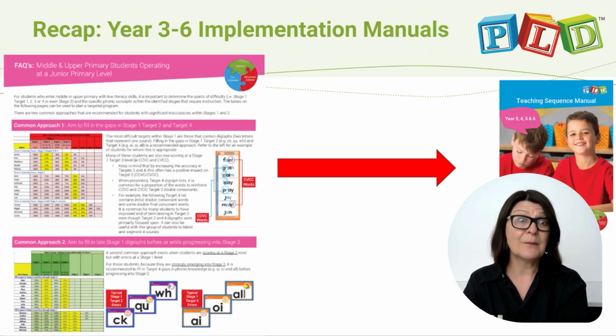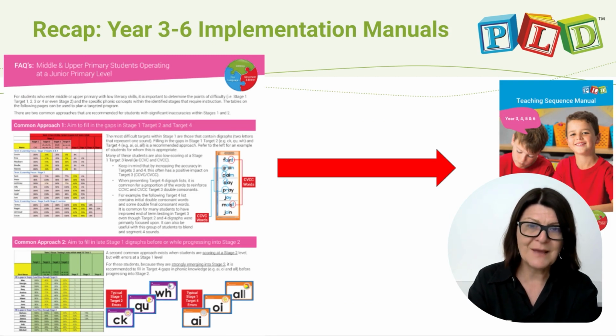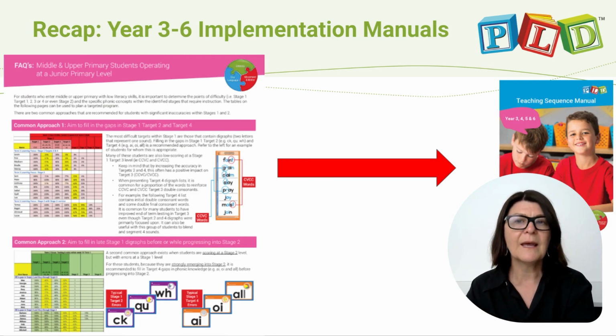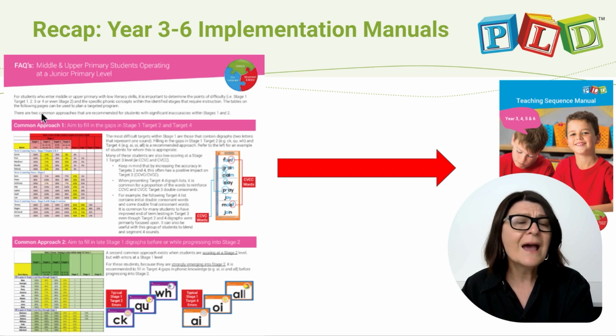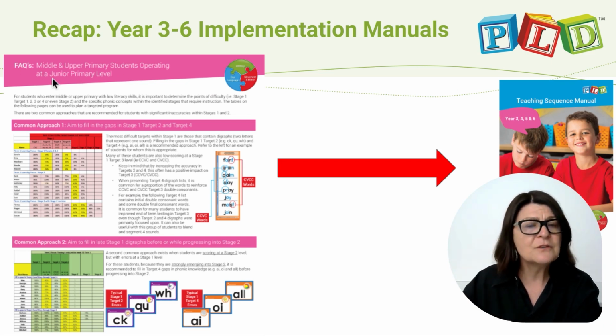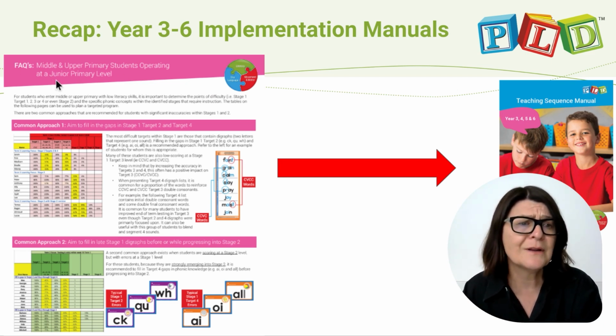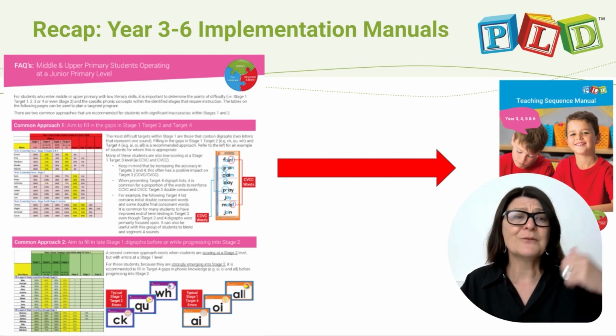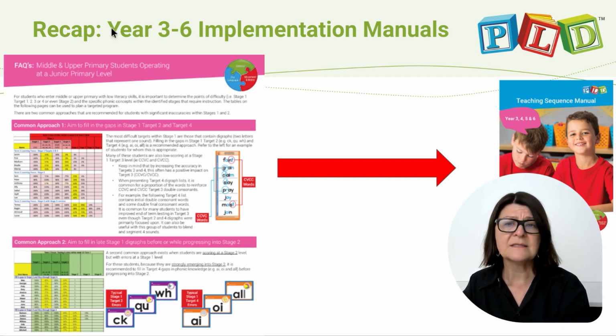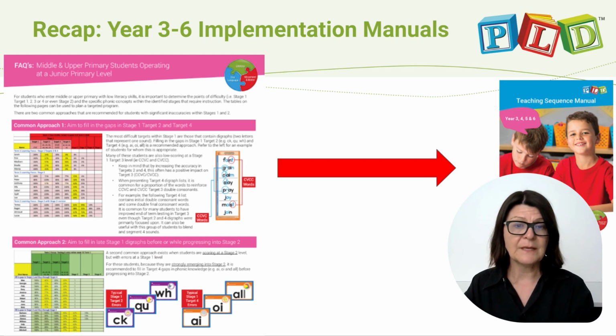In your middle and upper primary teaching sequence manual, there is a really important page on how do you manage when you've got students that are operating at a junior primary level in a middle and upper primary class, and what is the common situation 1 and the common situation 2 that is recommended by PLD.